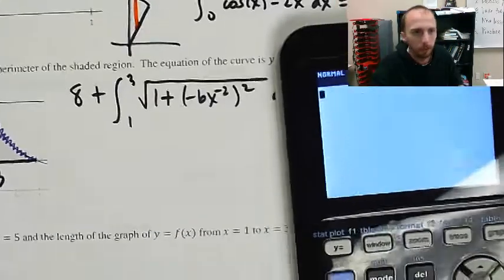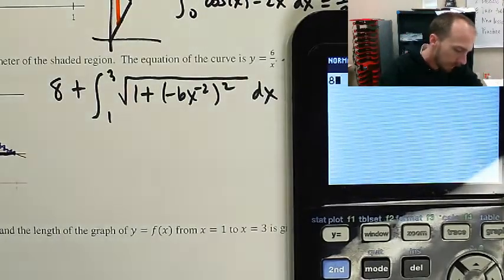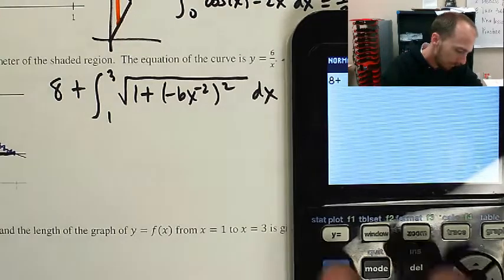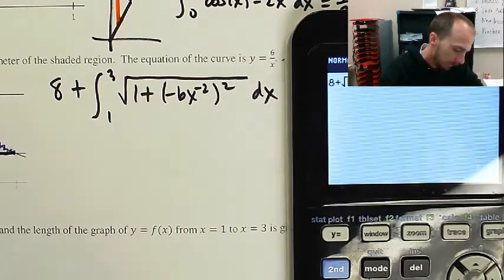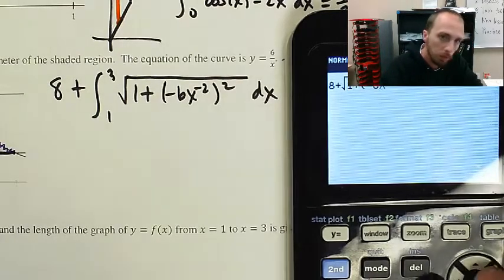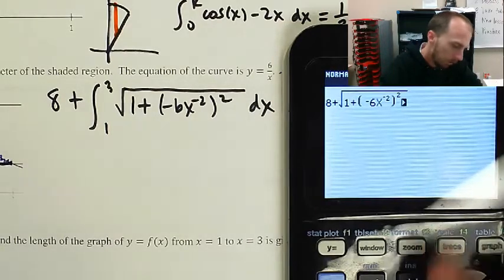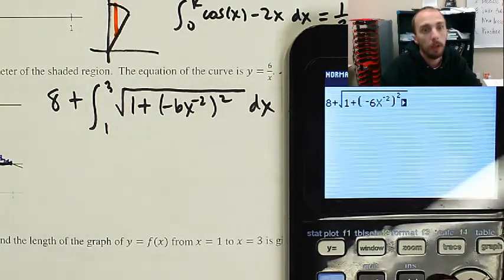Sometimes you can use a trig substitution, or some things that we don't actually do in AP Calculus to find these bad integrals, but I don't know about this one. Even if we could, not something you need to worry about. Negative 6x to the negative 2. Oh, you can't even see that. Okay, we're not going to forget to square that. It's the most common issue, besides forgetting to press the integral button.